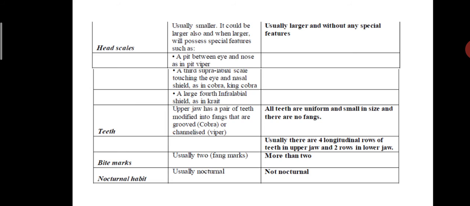And usually there are four longitudinal rows of teeth in the upper jaw and two rows in the lower jaw in the case of non-poisonous snakes.